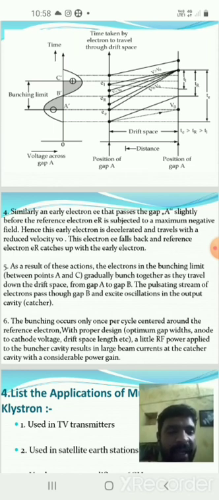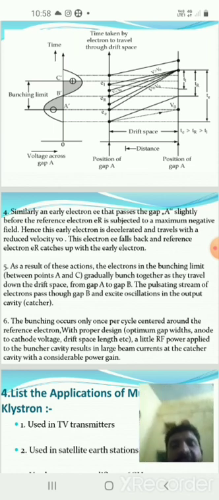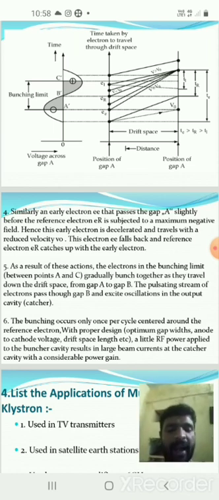The falling electrons fall back to the reference electron ER, and these falling electrons are again amplified by the electrons generated by the electron gun, and transferred towards the anode, catcher cavities.